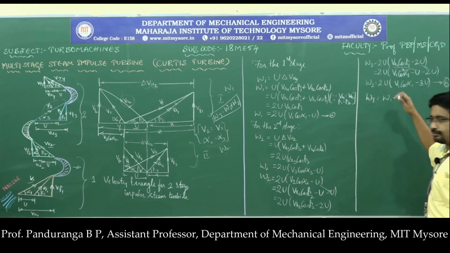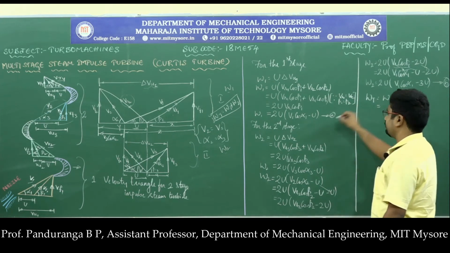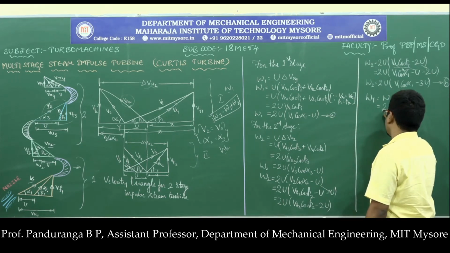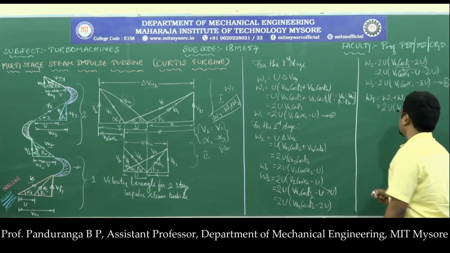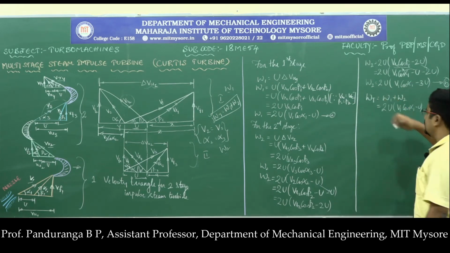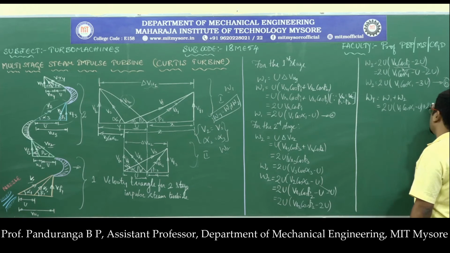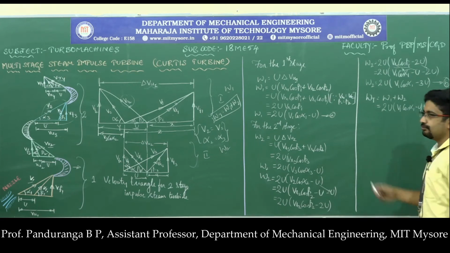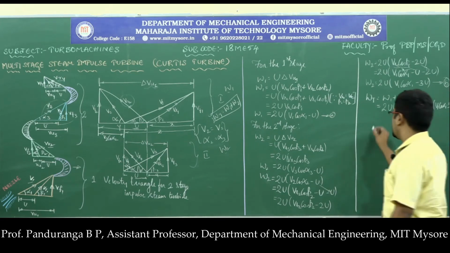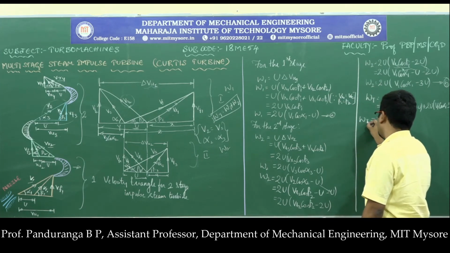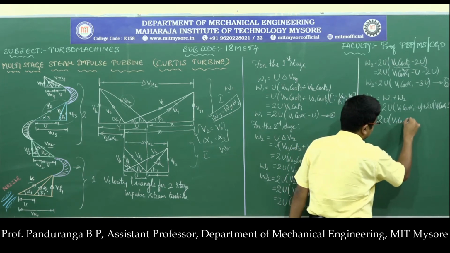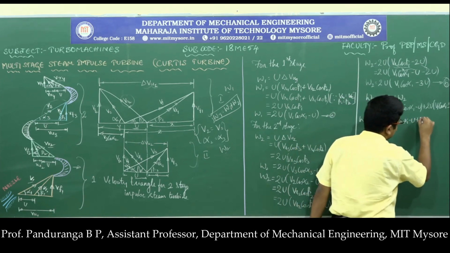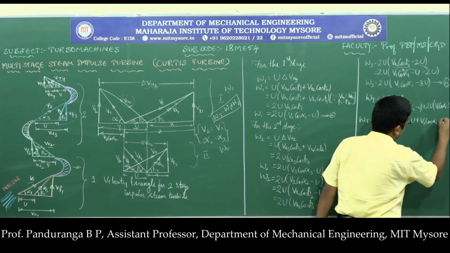W1 we get from equation A, that is 2u into V1 cos alpha 1 minus u, and W2 we get from equation B, that is plus 2u into V1 cos alpha 1 minus 3u. In both the equations we have 2u as common, so I will take it out. So Wt will be equal to 2u into V1 cos alpha 1 minus u plus V1 cos alpha 1 minus 3u.